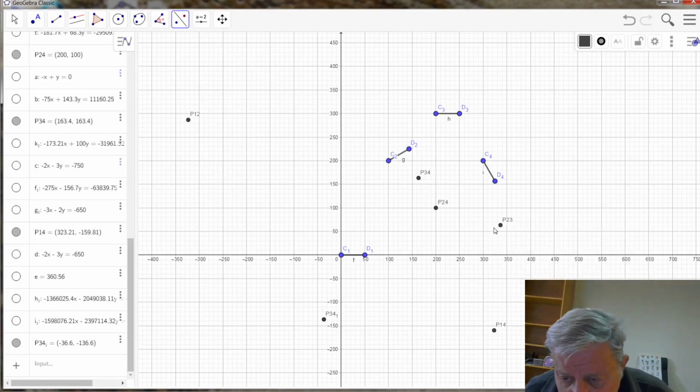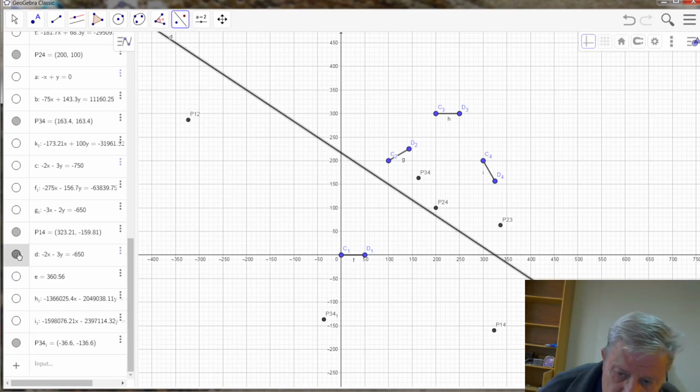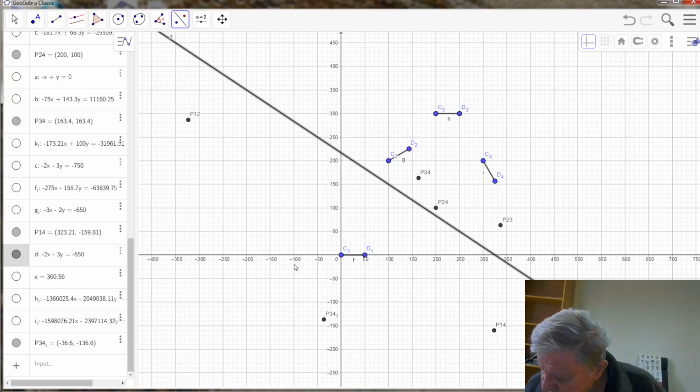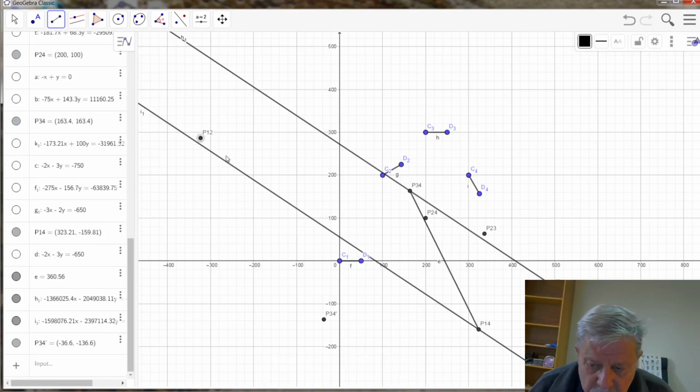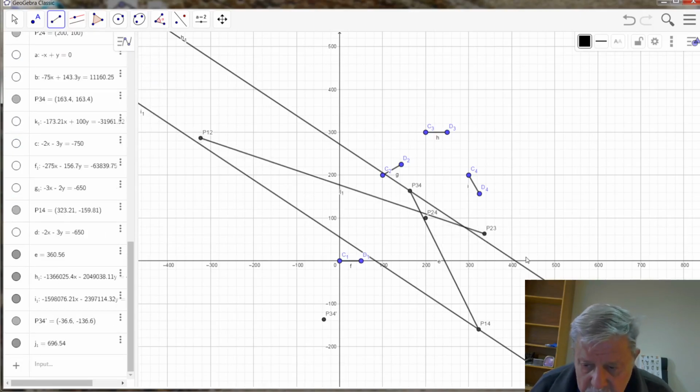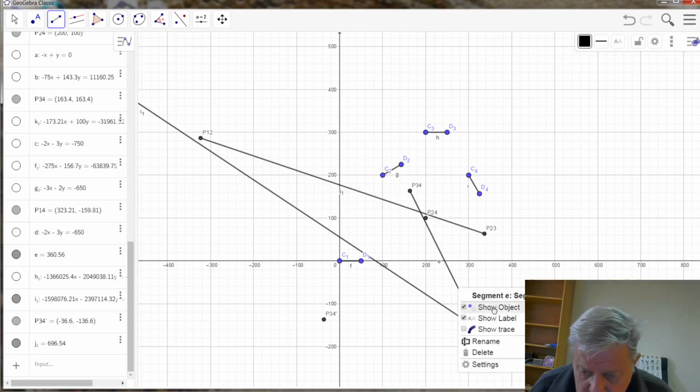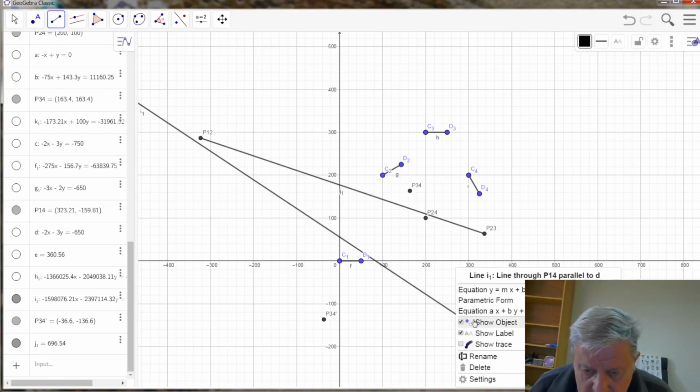The next thing is P23. In order to determine P231, well, I should not have closed this line. I have to use P23, P12, and P13. P12 is over here. I don't know why, but I close these and somehow they turn on again.